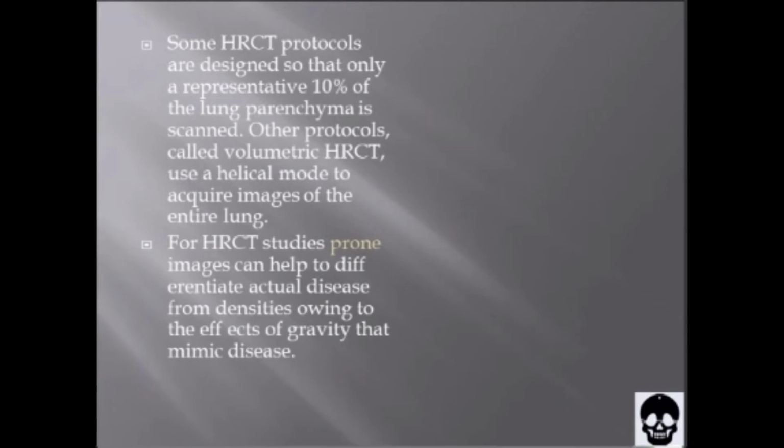More recently, as multi-detector CT scanners have become commonplace, the technique known as volumetric high-resolution CT is replacing the high-resolution CT axial protocols. Volumetric HRCT protocols use a helical mode to acquire images of the entire lung rather than representative slices. Because these helical protocols cover the entire lung, they result in a more complete assessment of the lung.